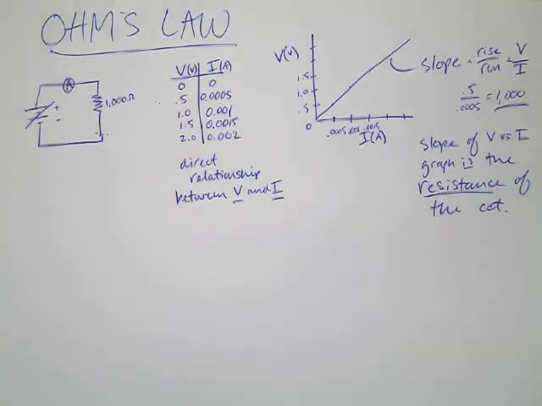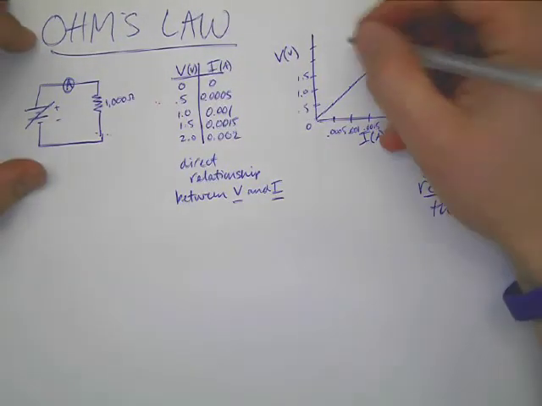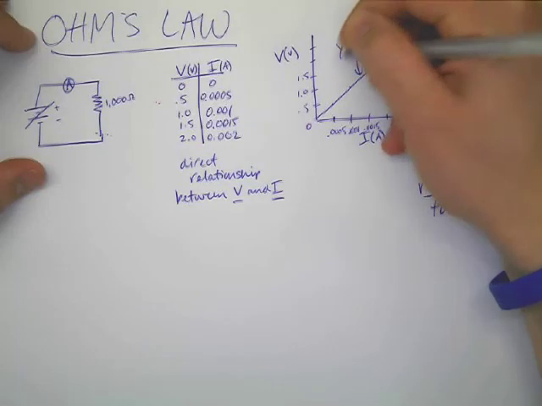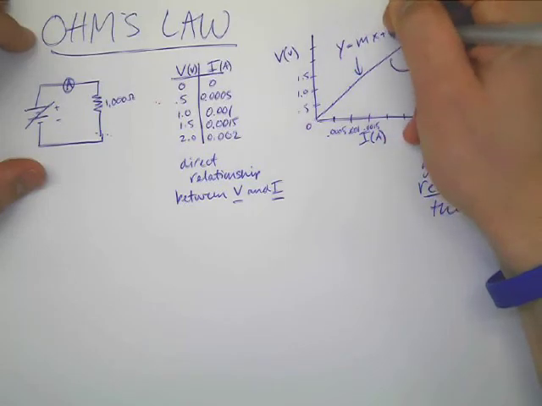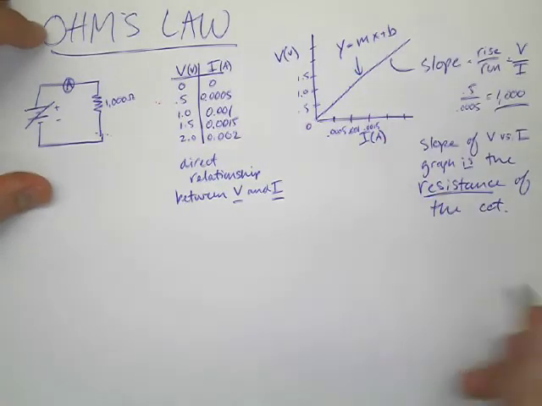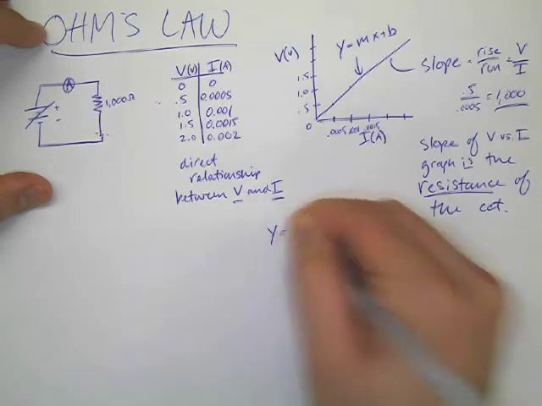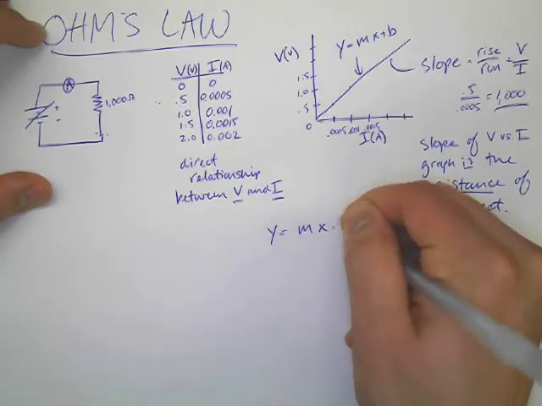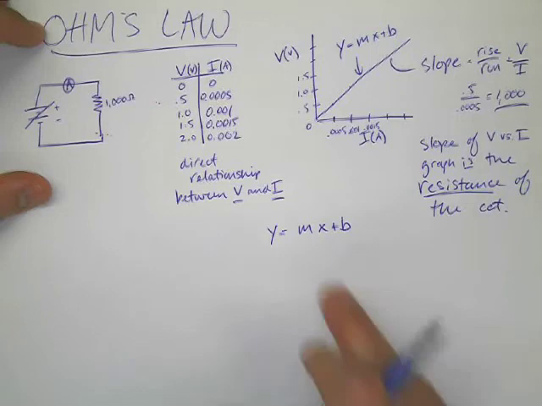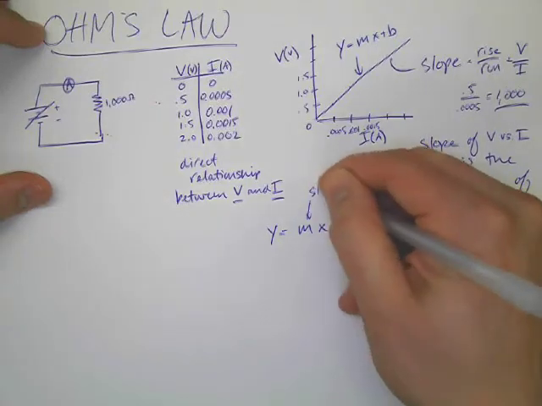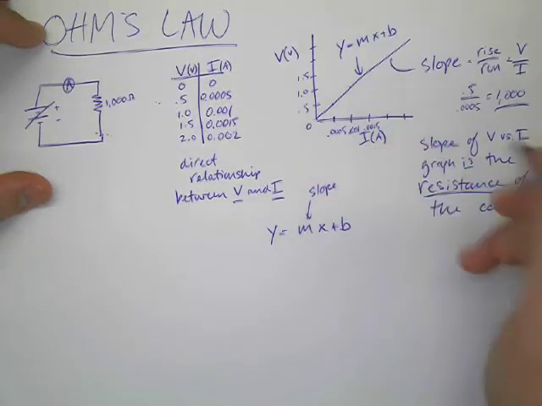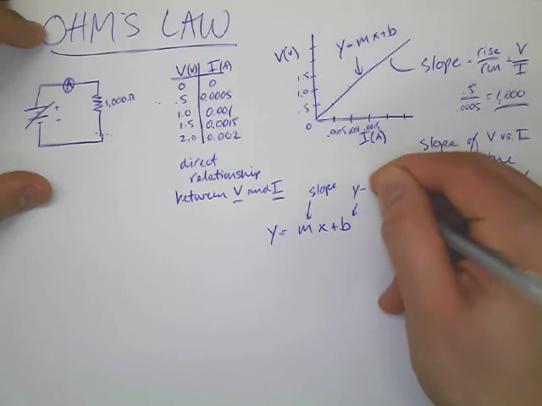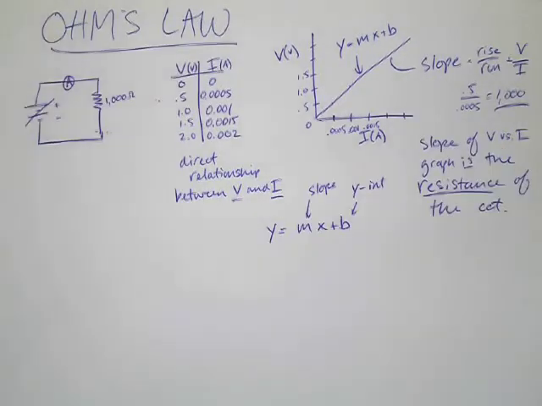If we do some mathematical analysis using our slope-intercept formula, we know that the formula for a line is y equals mx plus b, where m is my slope, y is my y variable, x is my x variable, and b is my y-intercept. I substitute in for the variables that I have.